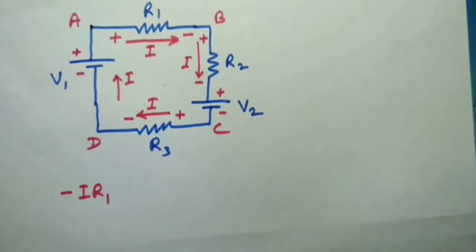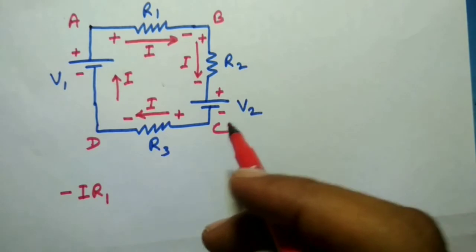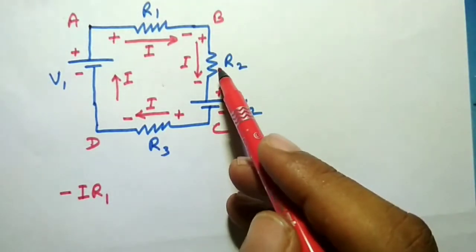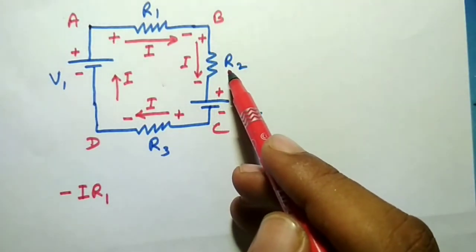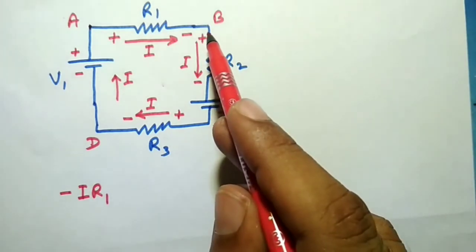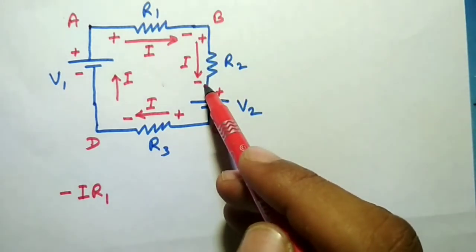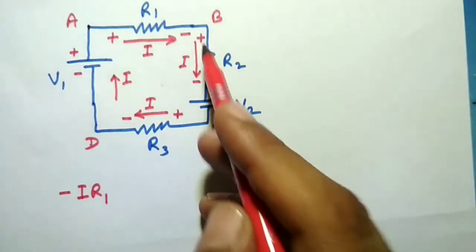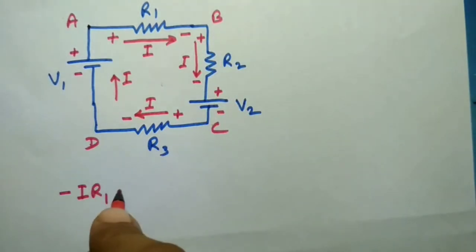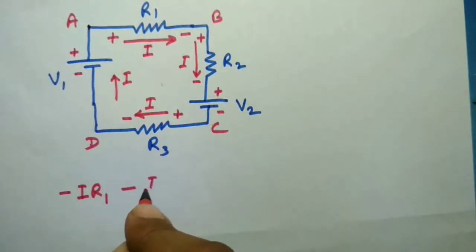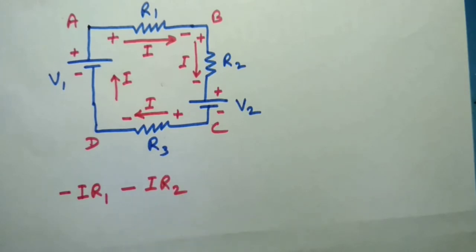Now from B to C. First of all, there will be a voltage drop in R2 resistance. And here the current is from top to bottom. So again from plus to minus sign. So the voltage drop will again be taken as negative.